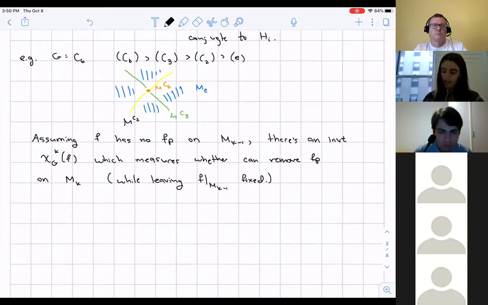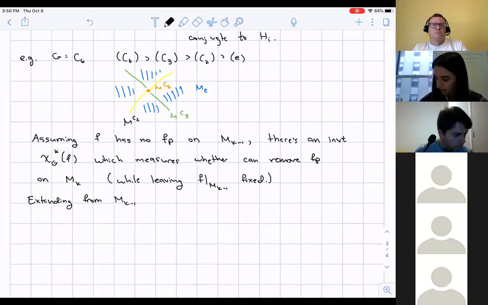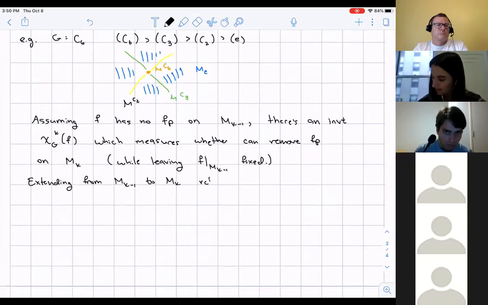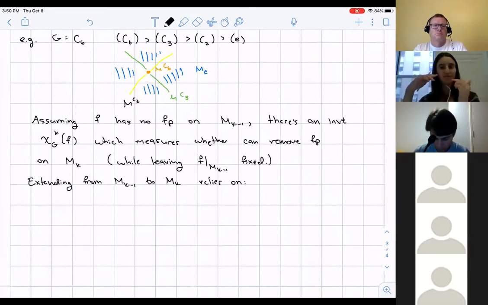All right. So let me say a little something about extending from M_{k-1} to M_k. It relies on various things, like that gap in dimensions between the fixed stuff as well.